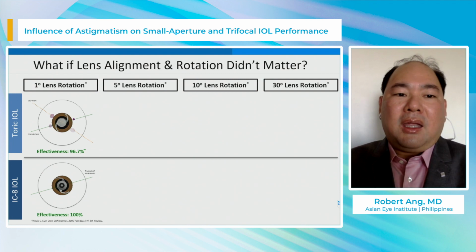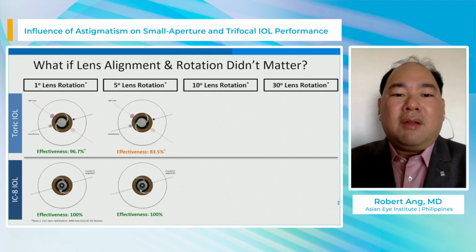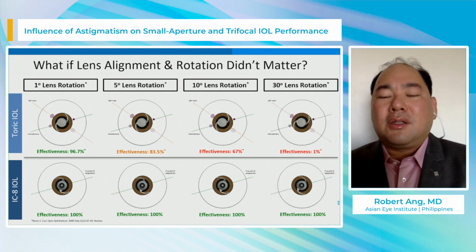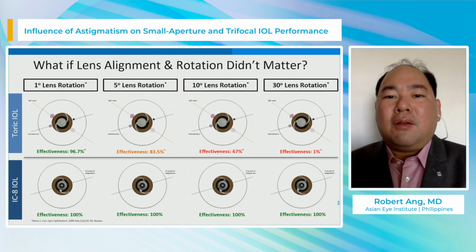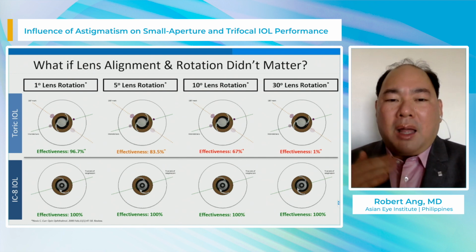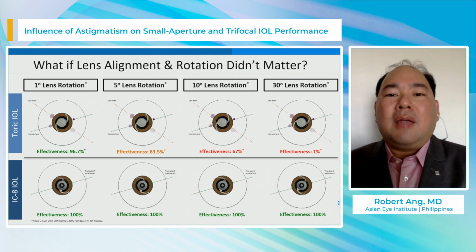As you are more off axis, meaning the higher the axis displacement, at 5 degrees, you lose 17% of the effectiveness of cylinder correction. At 10 degrees, you would have lost one third. And at 30 degrees rotation, you would have lost all the effect of your toric IOL correction. So as you can see, aligning the lens and making sure it stays where you want it to stay is important in toric IOLs.